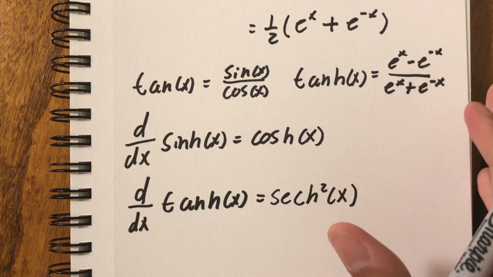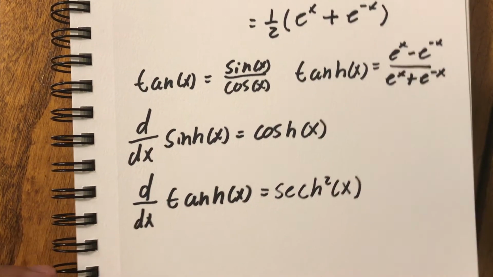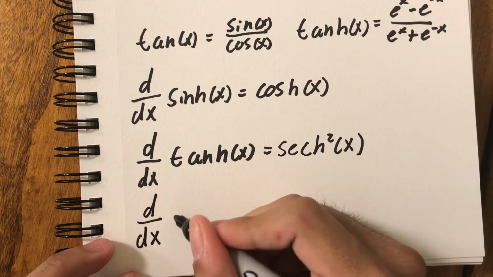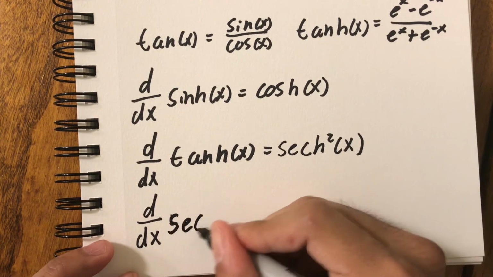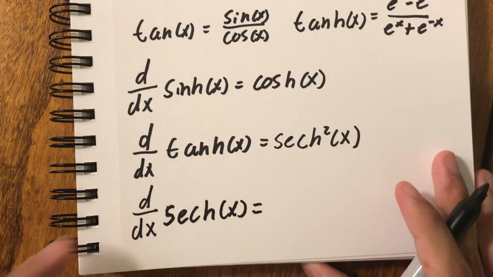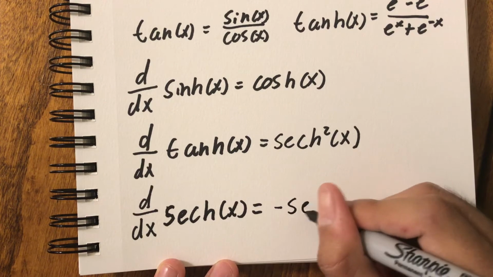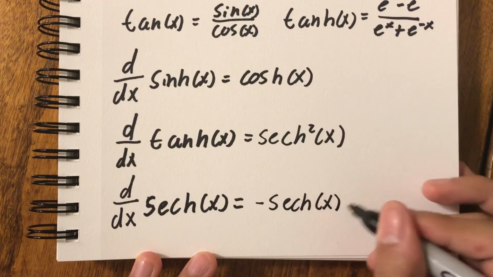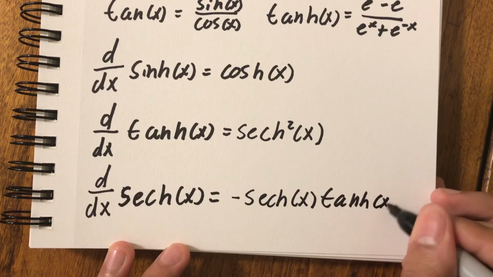The only part that gets tricky is when you take the derivative of hyperbolic secant. The derivative of hyperbolic secant is equal to negative hyperbolic secant x times hyperbolic tangent of x.